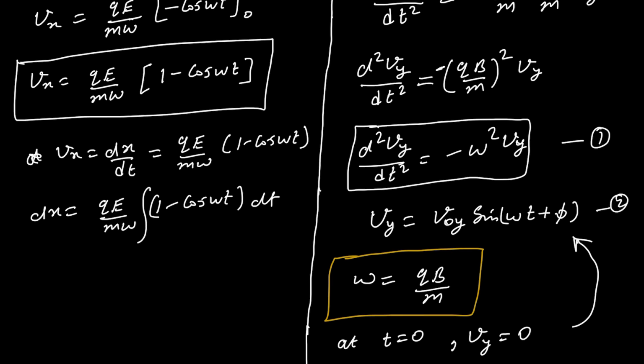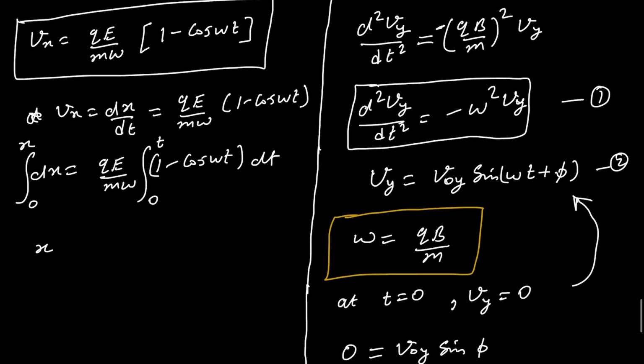Now we'll integrate this. At t equal to 0, we were at the origin, so our x coordinate is 0. At some time t, our x coordinate is, let's say, x. So after integrating, what we will get is QE by m omega.